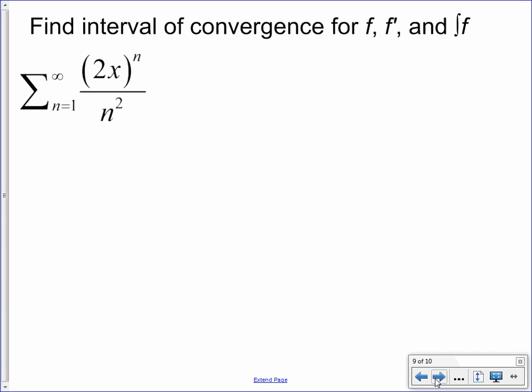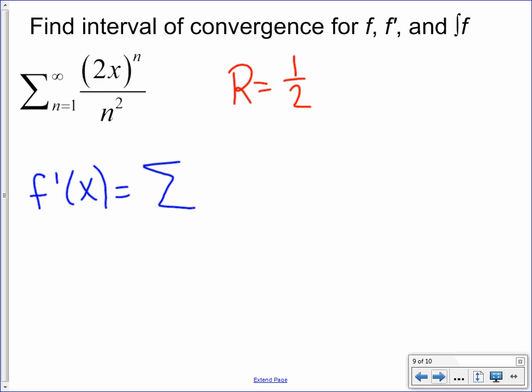Okay? So what do we know about this radius of convergence? It's the one that we did? Yeah. It is 1/2. Okay. So if we call this f, this is when you may be frustrated. Let's talk about f prime. We're taking the derivative with respect to x. x is being raised to a power.